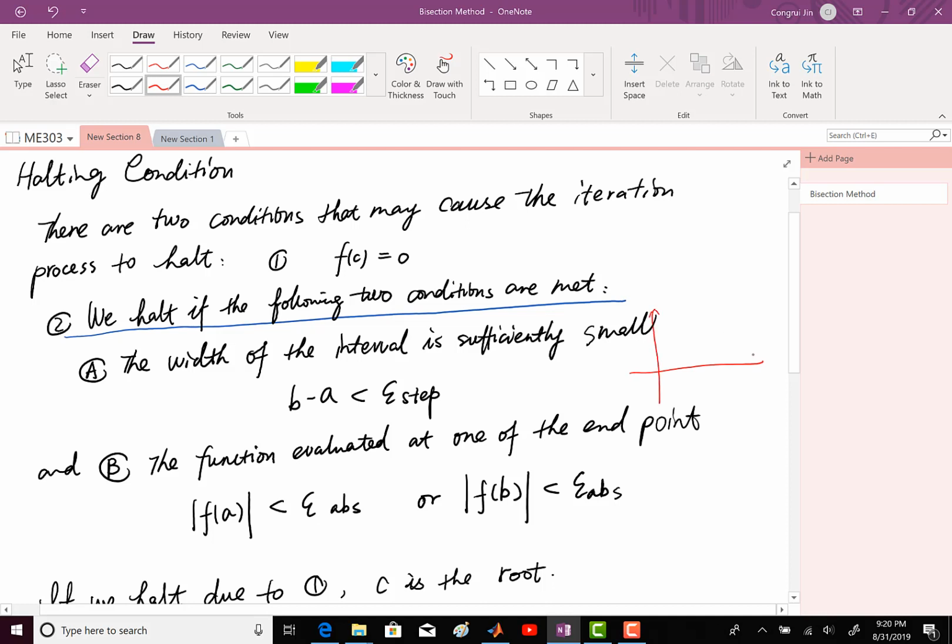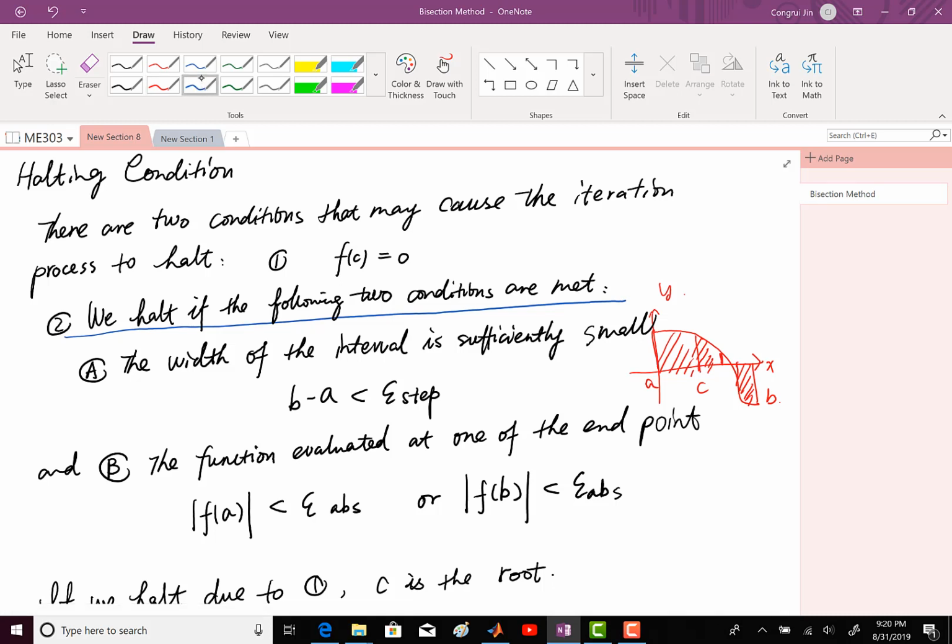If we have a function like this, for example, this is a, this is b, then we find the middle point c and remove this half, and then find the middle point and remove this half, and then find the middle point and remove this half.